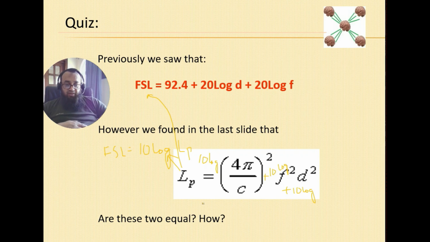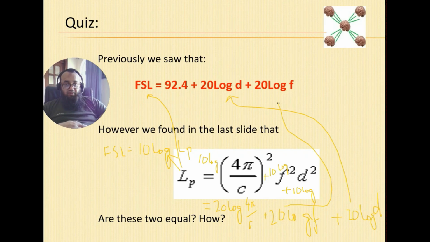So this will become 20 log of 4 pi / c plus 20 log of f plus 20 log of d. So you can see that this is the same value, 20 log of d. This is the same value, 20 log of f, which means that when you solve it, it will come as this one.